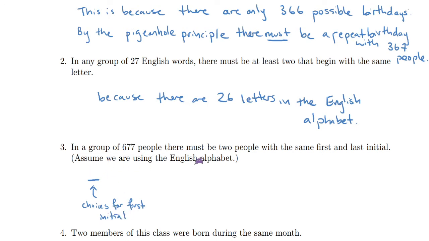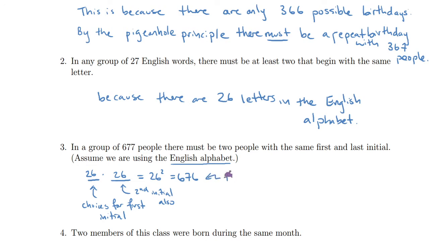We're using the English alphabet again, so for the first initial you could have 26 letters. And then what about the second initial? It also has 26 choices. So you have 26 squared choices, and I believe that this is 676. So if we have 677, which is one more than this, there must be a repeat.